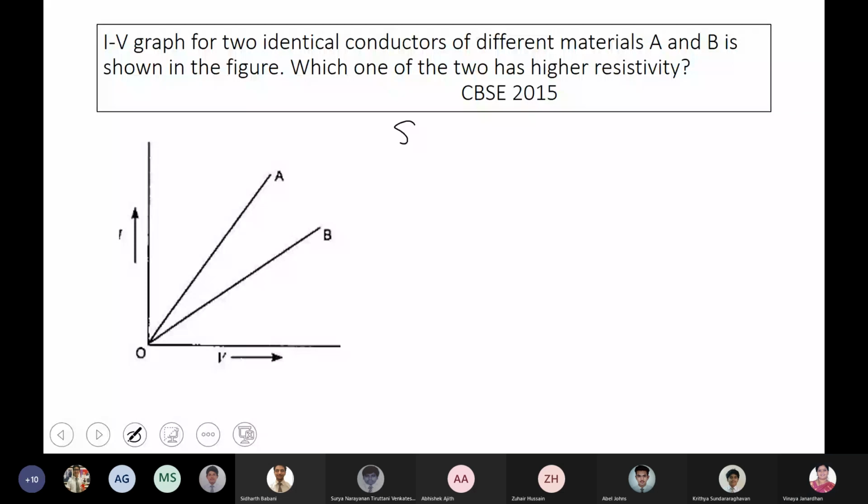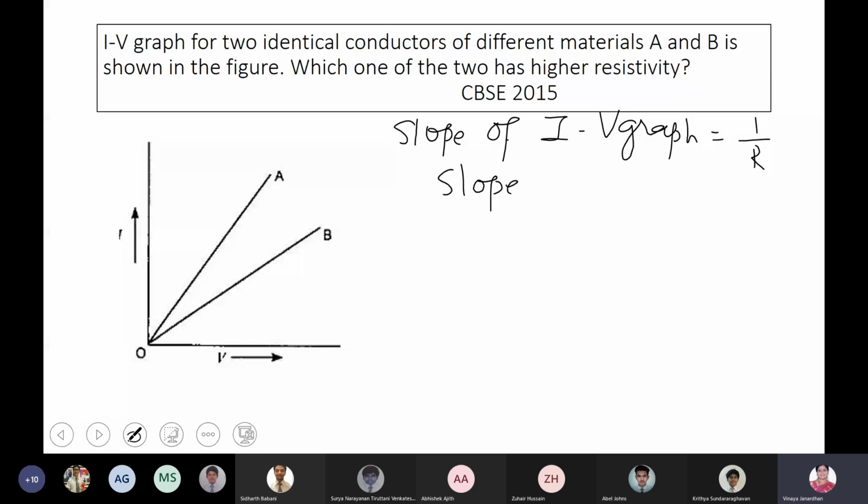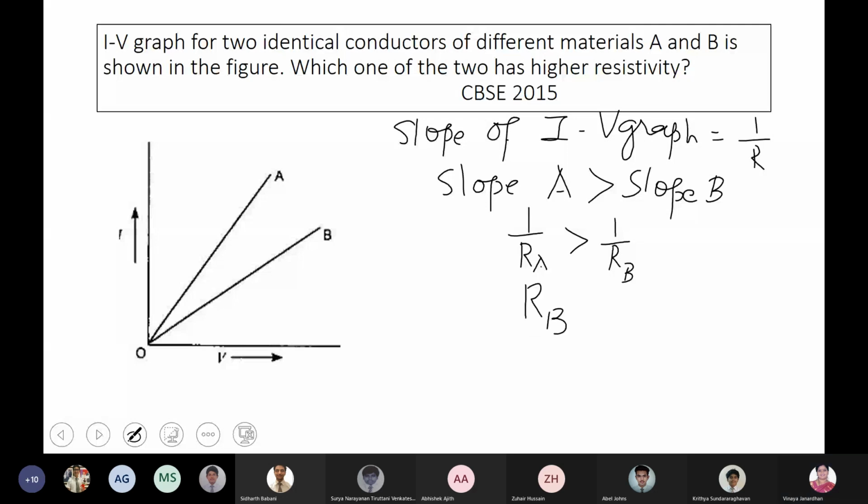Slope of IV graph gives you 1 by R. So look at the graph. Slope of A is greater than slope of B. So I can write 1 by RA is greater than 1 by RB. Is that clear, boys? Or I can write RB is greater than RA.